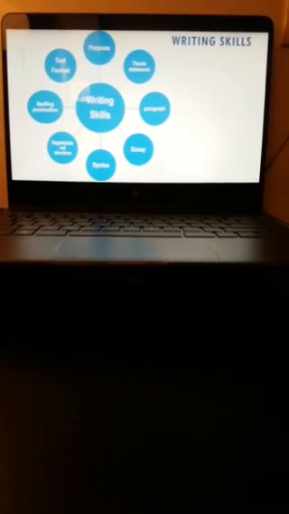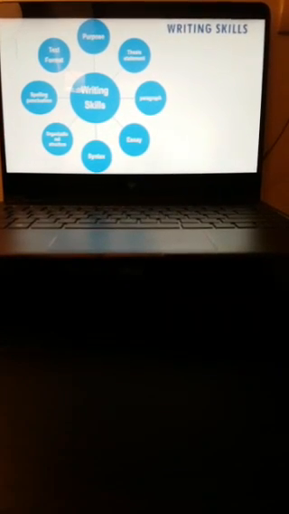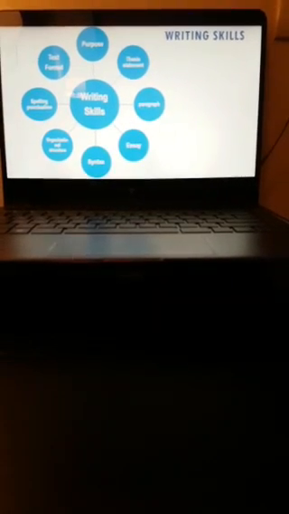And then write paragraphs. We should be able to write sentences and then form paragraphs. So a paragraph consists of a main idea or a topic sentence and details.